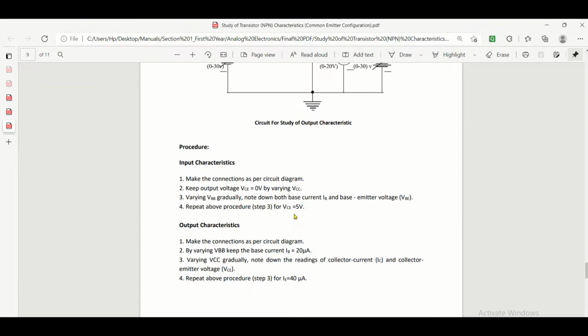It is important to have at least 2 to 3 curves of that family. You should not stop with one curve only. You should have a family of curves so that you can be sure about the operation at different domains of this VCE in case of input characteristics and IB in case of output characteristics.